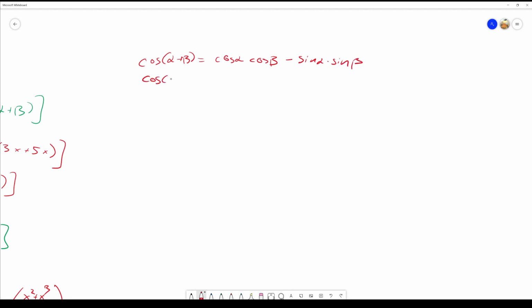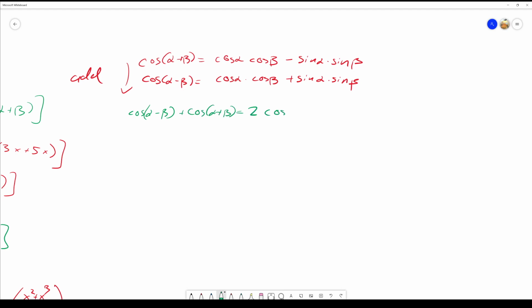And the cosine of alpha minus beta is cosine alpha times cosine beta plus sine alpha times sine beta. So notice if you add these together, on the left you'll get cosine of alpha minus beta plus cosine of alpha plus beta, and on the right you're going to get 2 cosine alpha cosine beta, because the signs are going to cancel.